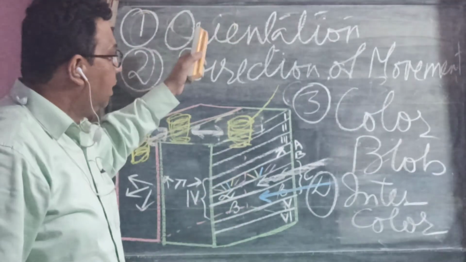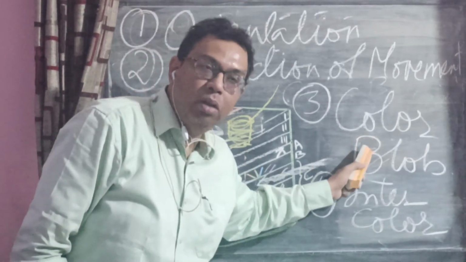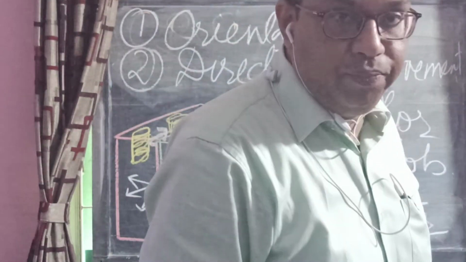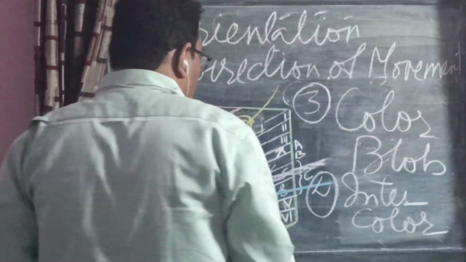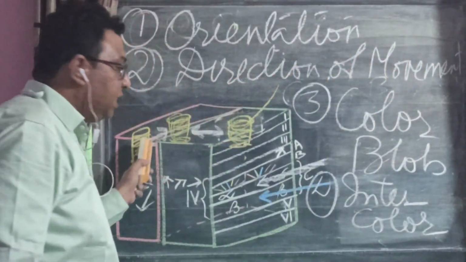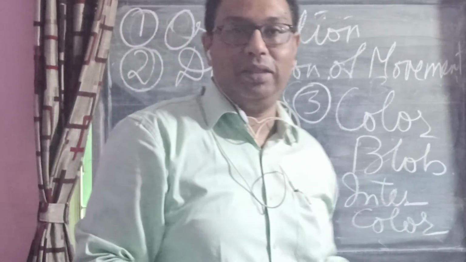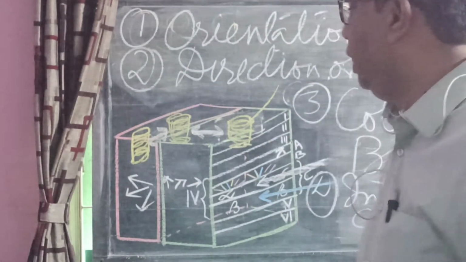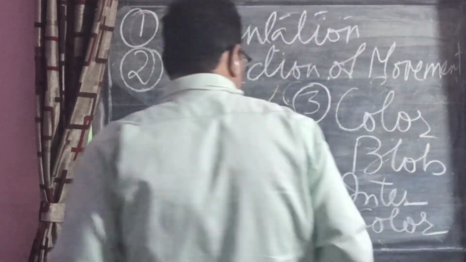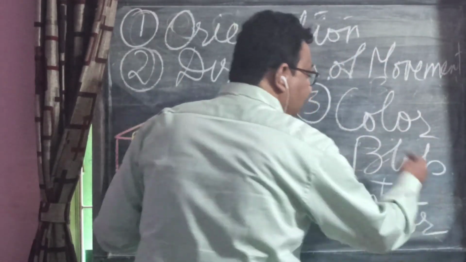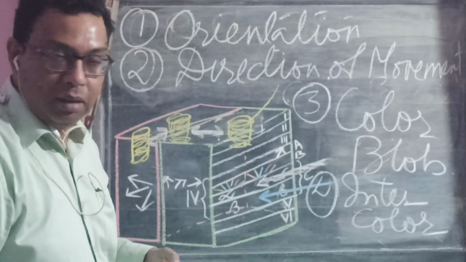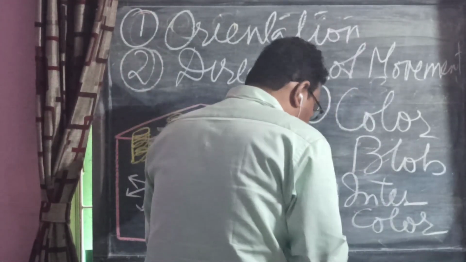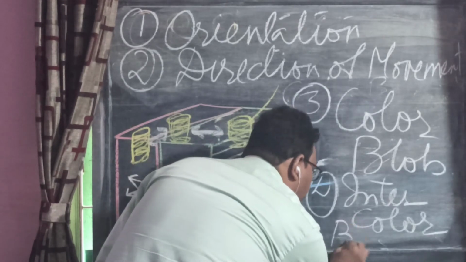They will only respond to the difference in spectrum. So these will have cells which are double opponent. Please remember from previous classes, double opponent cells. So color block and intercolor block.